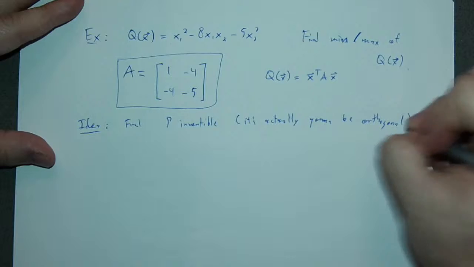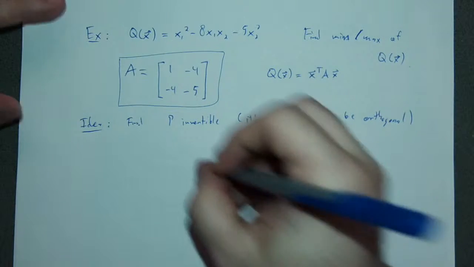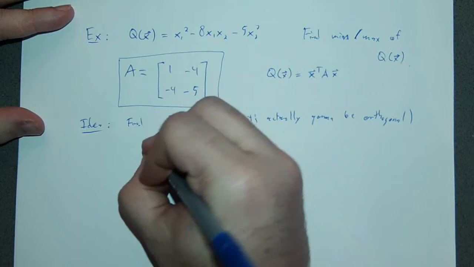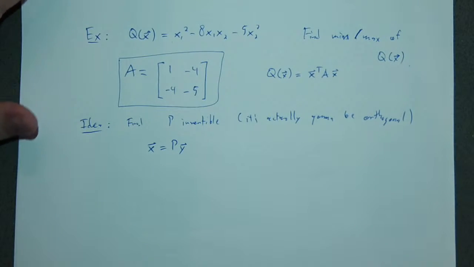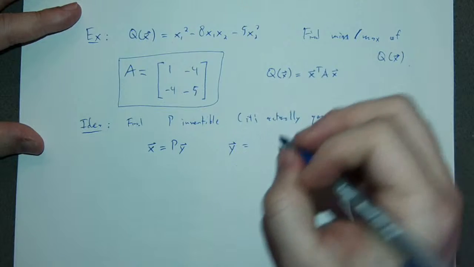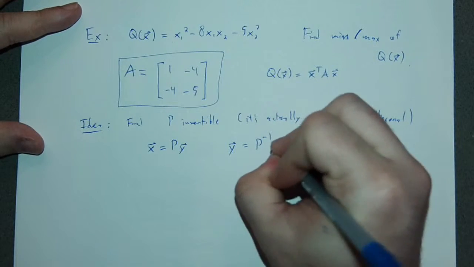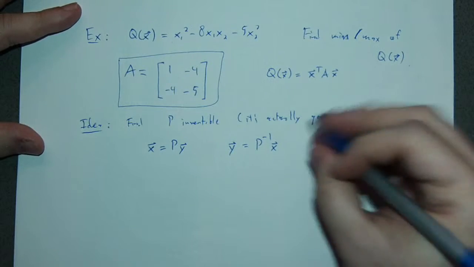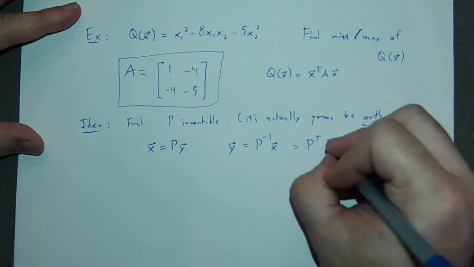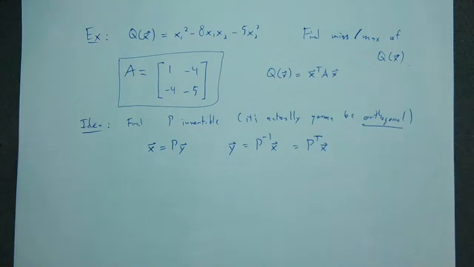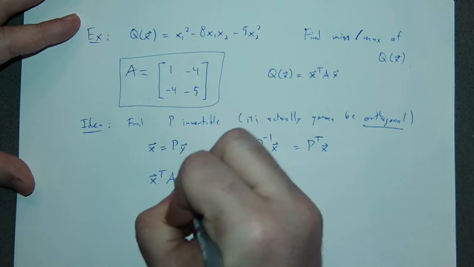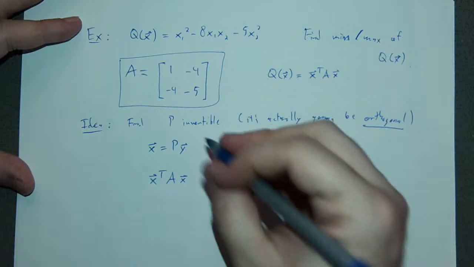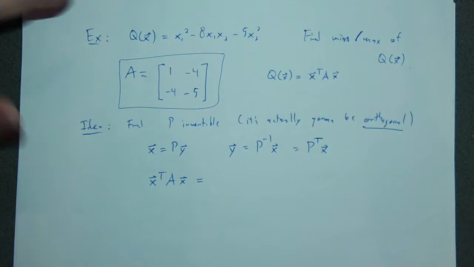For these things that we are going to do, a general change of variable is x equals Py, or you can write it in the other direction too: y is P inverse x. What's nice is if P is orthogonal, this is actually P transpose x, and we want to find this in order to transform our quadratic form x transpose Ax to this.